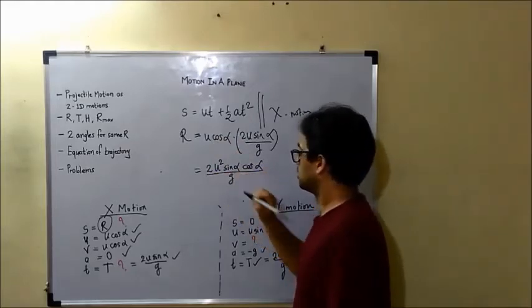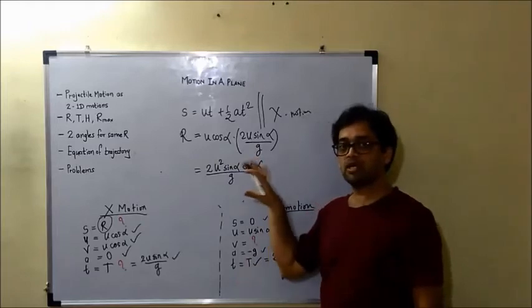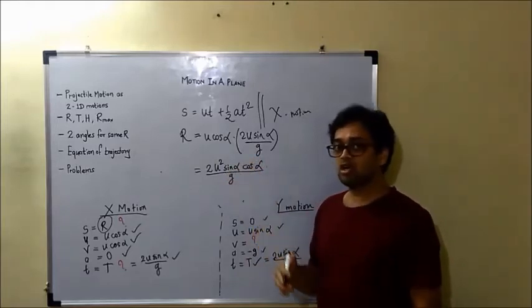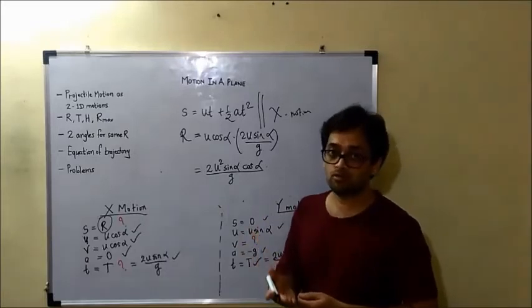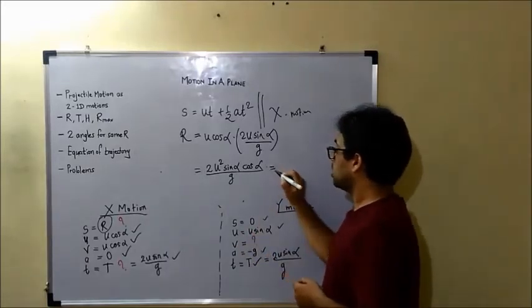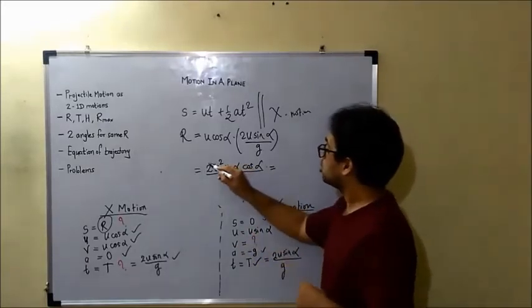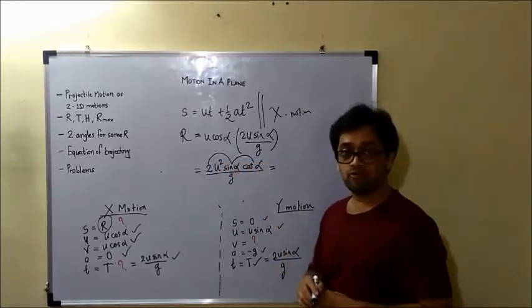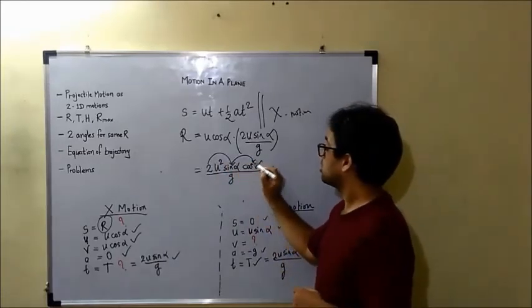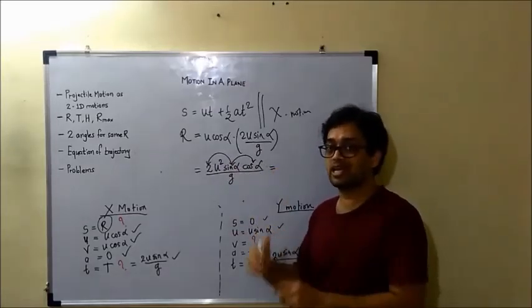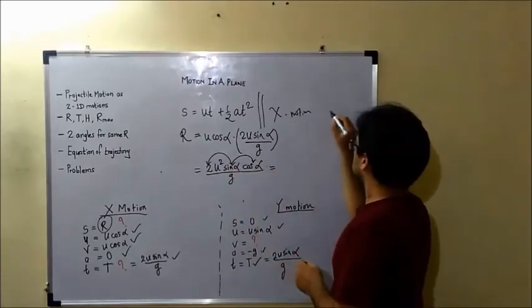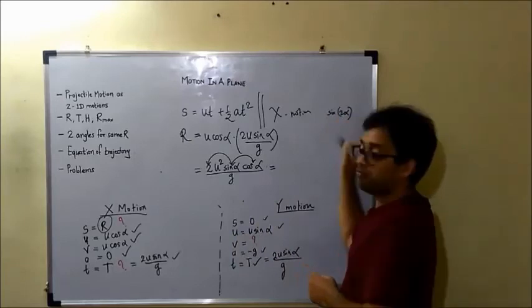divided by g. Now you can either remember it as is, or when you come across trigonometric identities in your mathematics portion, you will see that 2 sine alpha cos alpha, we can club them together to get sine 2 alpha, that is sine of 2 times alpha.